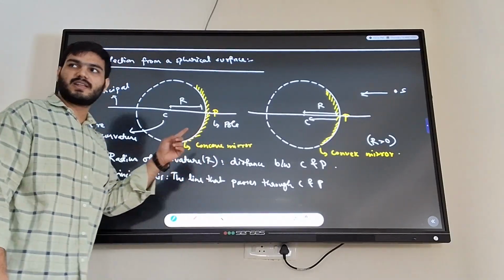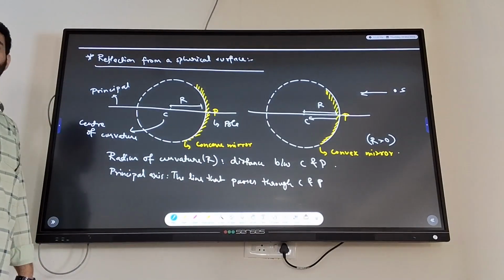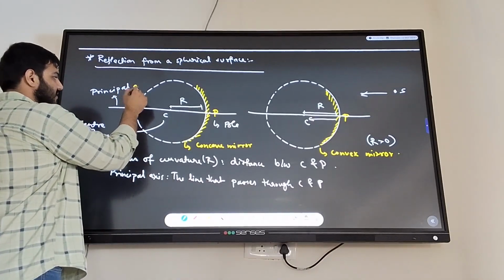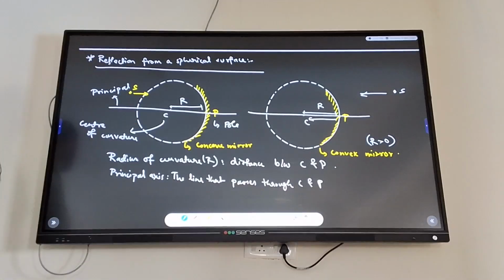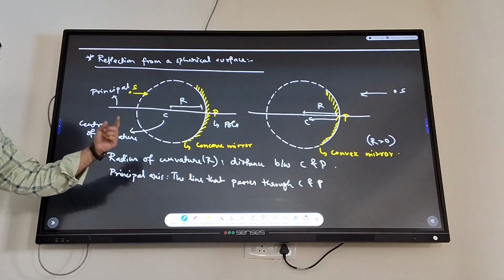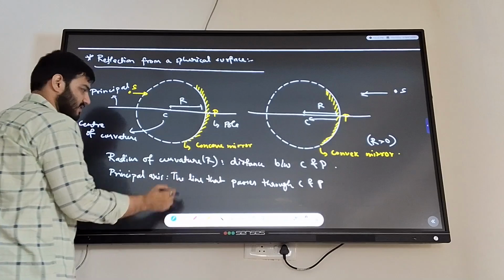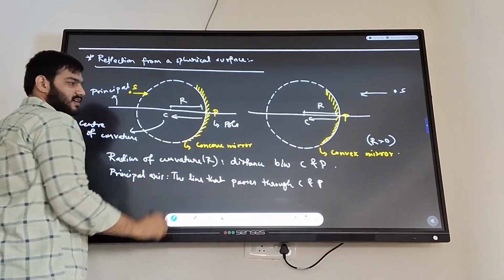What about for concave? Where should I put my source now? Left side. Now how should I take it, CP or PC? PC again. Then how will R be here? Less than 0.